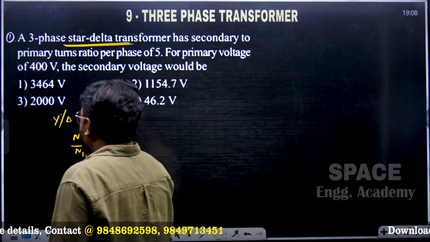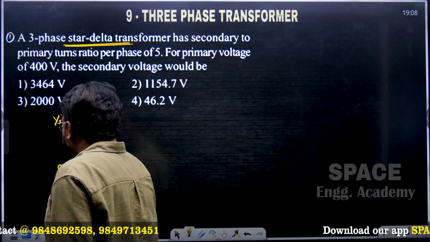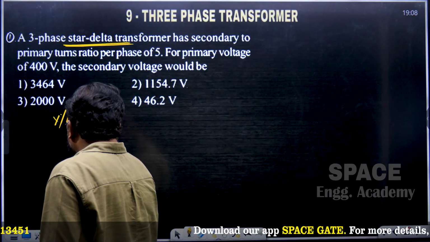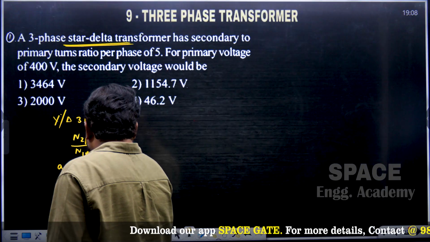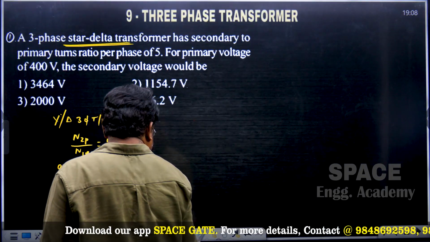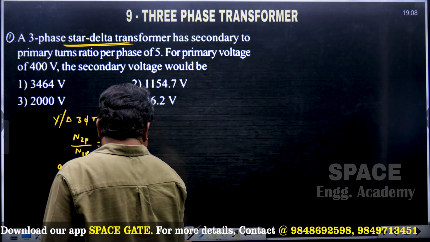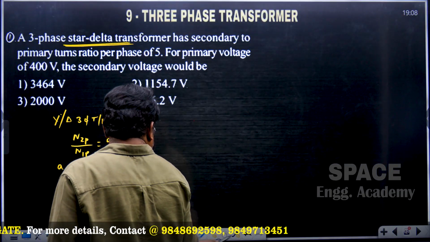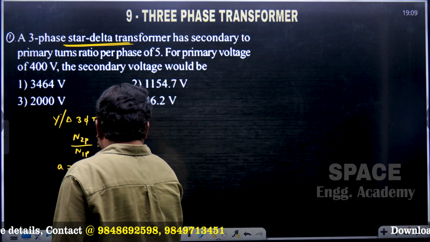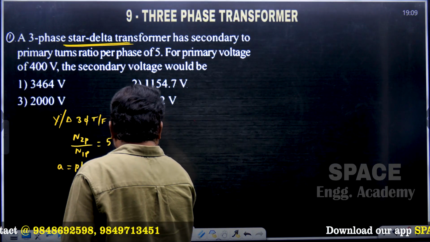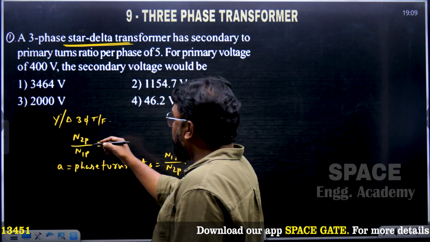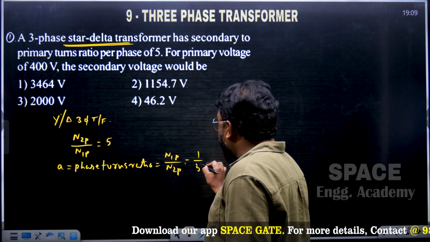But the phase turns ratio a that we calculated is the phase turns ratio from primary to secondary winding. So a is defined as N1 phase divided by N2 phase, and the value becomes 1/5.